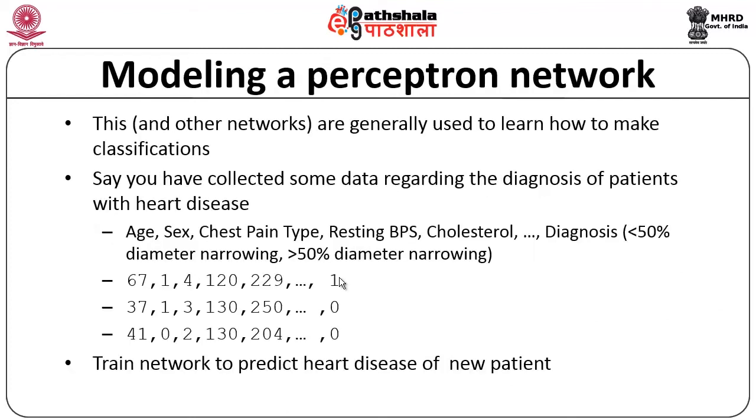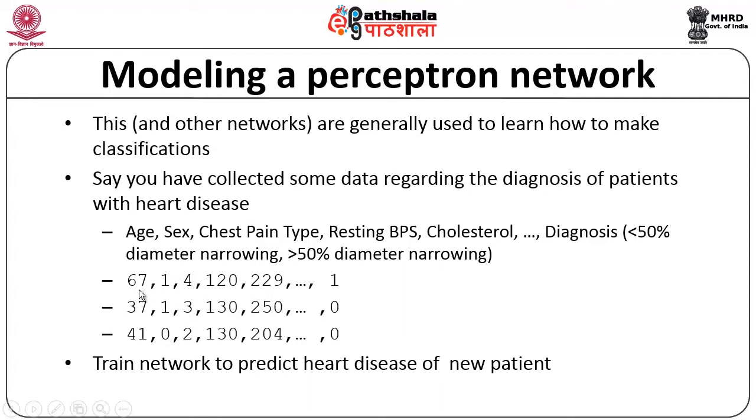Now, how to model a perceptron? Suppose you are working with respect to a classification problem. Assume you are going to diagnose a patient for a specific type of heart disease. If the patient has the disease, then it is indicated by a 1, else it is indicated by a value 0. Now, all the records associated with this data are highlighted here.